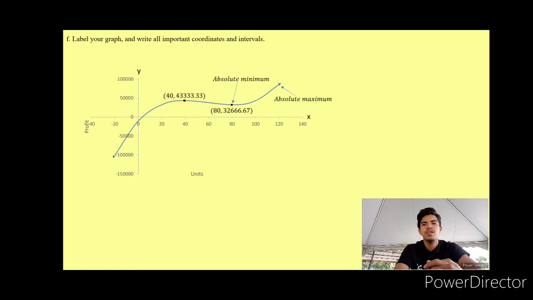For question F, label your graph and write all important coordinates and intervals. As we know, the absolute minimum point is at 80 and 3266.67. For the absolute maximum point, we cannot define it.